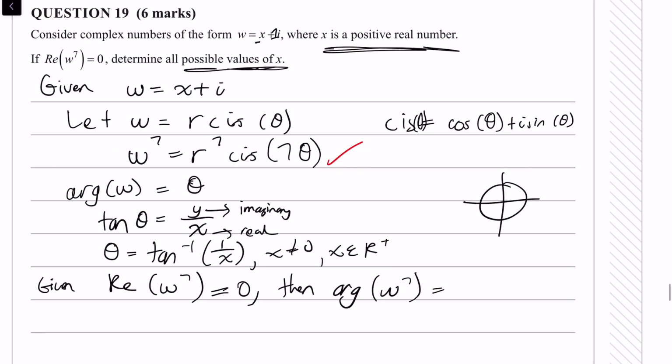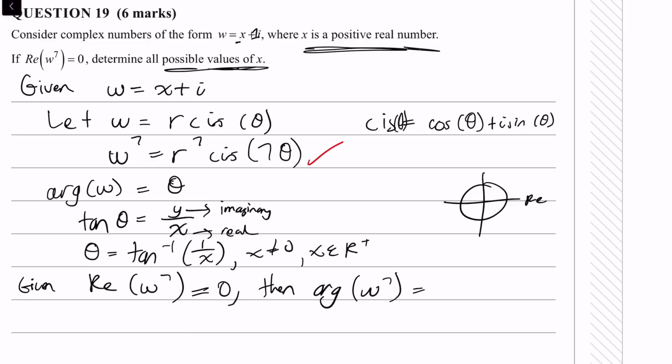My real component, which is the cos, which is our x, and my imaginary component, which is the sine, it's y. If my real component is 0, then I need to be making sure that my values lie along the imaginary line, or the y-axis, essentially, okay? Because when I'm on the y-axis, then x, or the real component, is equal to 0, all right?